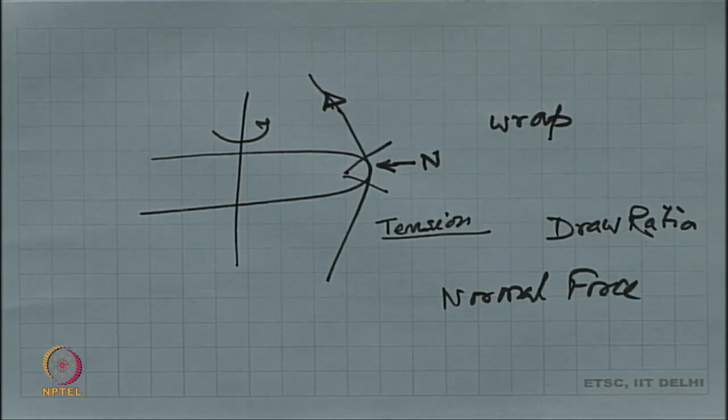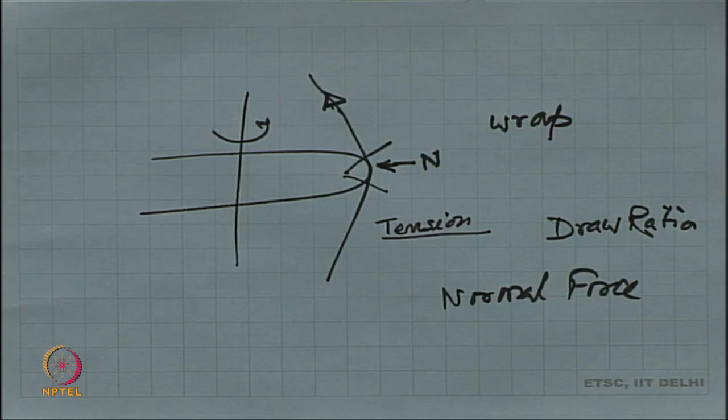And what will be the result of this? The result of this would be better contact. The result of this would be less slippage. The result of this would be also more twisting, maybe. So, draw ratio is giving effects opposite to that you have observed for a d by y ratio.